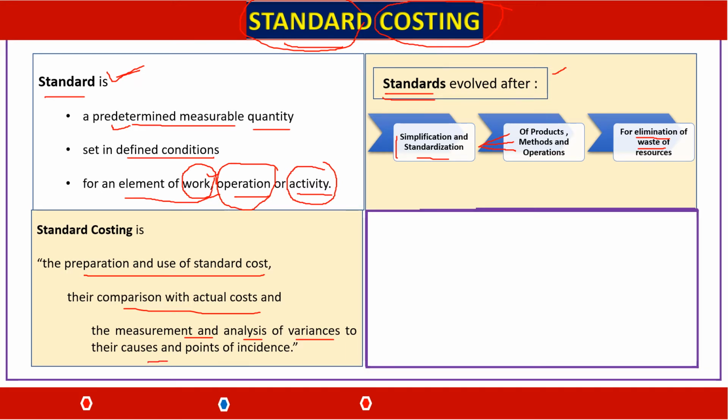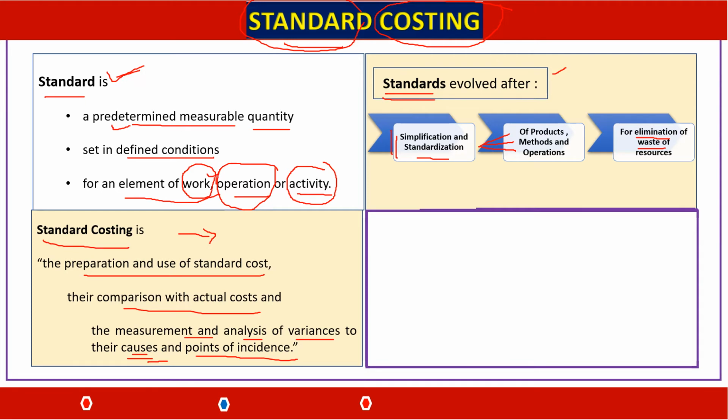And it doesn't stop at the reasons or causes. It goes into the bottom of it and finds a solution to the problem. Standard costing is aiming at identifying the loopholes in the system and ensuring we get the best of productivity, and we are always up with full simplification, full standardization of methods and operations.